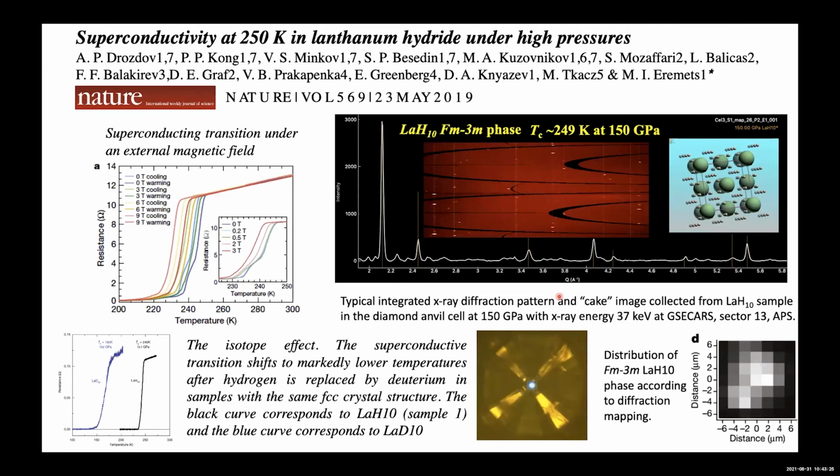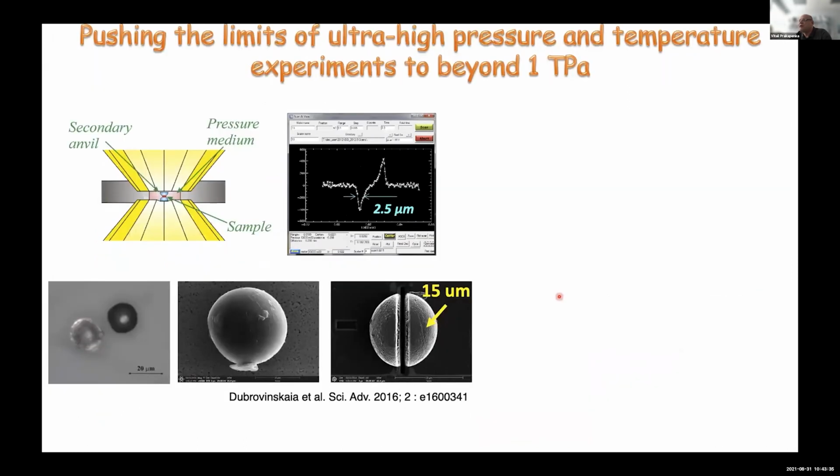Superconductivity, where a nice technique also helped us solve the structure that was responsible for the superconductivity. We are pushing the limits to very high pressure experiments, to above a terapascal, in collaboration with Dubrovinskaia and Leonid Dubrovinsky.